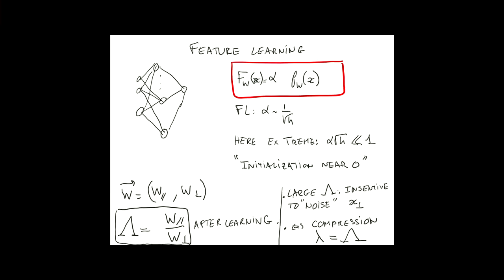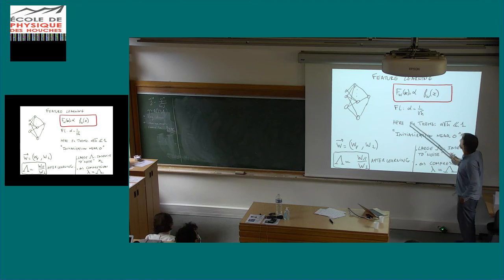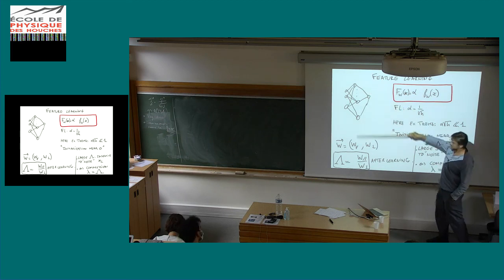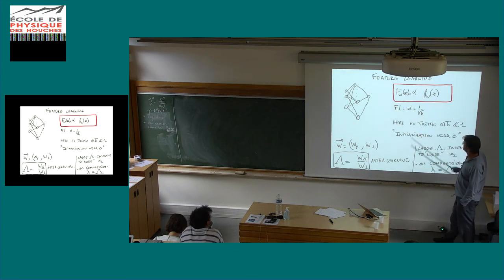Okay, so now let's go into this feature learning regime. Remember, the function that you're learning is just how we initialize those one hidden layer nets, except that I put this alpha factor in it. If alpha was order 1, when the number of neurons goes to infinity, I was recovering the kernel.